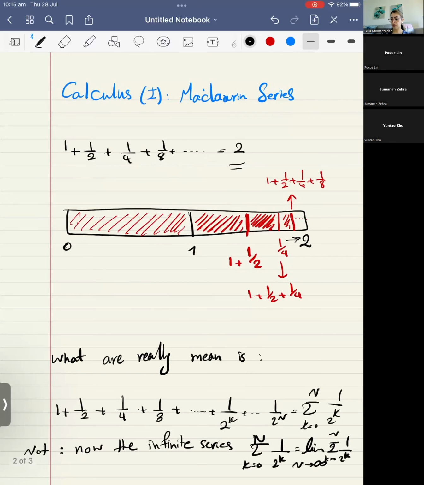The summation of some numbers, some series, is equal to one exact number. Yes, this is the convergent series. You have an answer for that series.